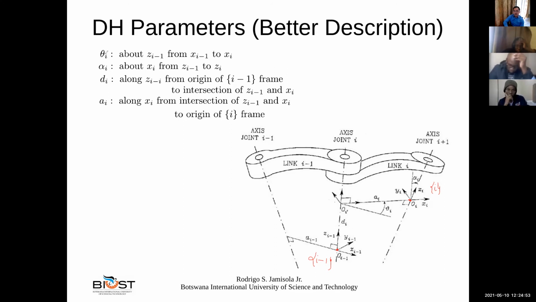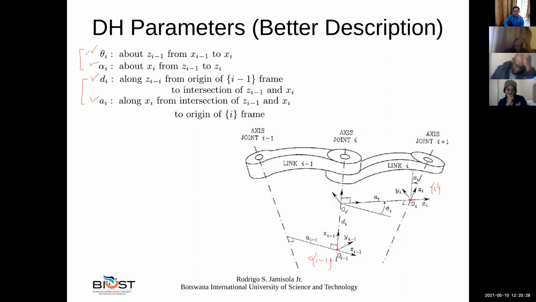So how do we do this? There are 4 parameters as stated here: theta I, alpha I, di, and ai. When you say angles, alpha and theta I, they are rotations. Here di and ai, the Hindu-Arabic letters, they define distances.